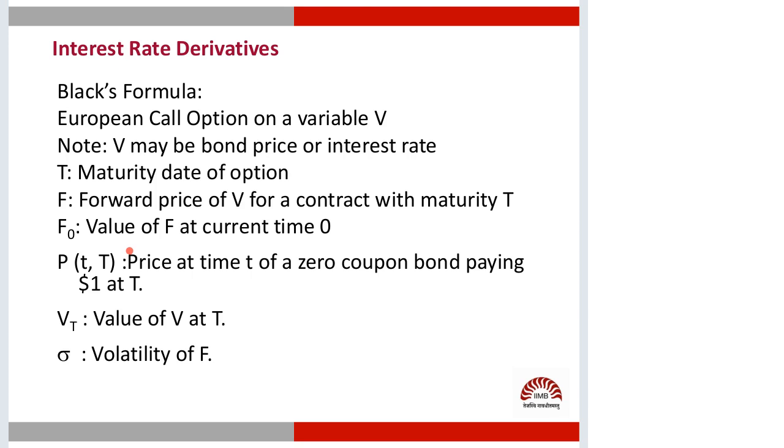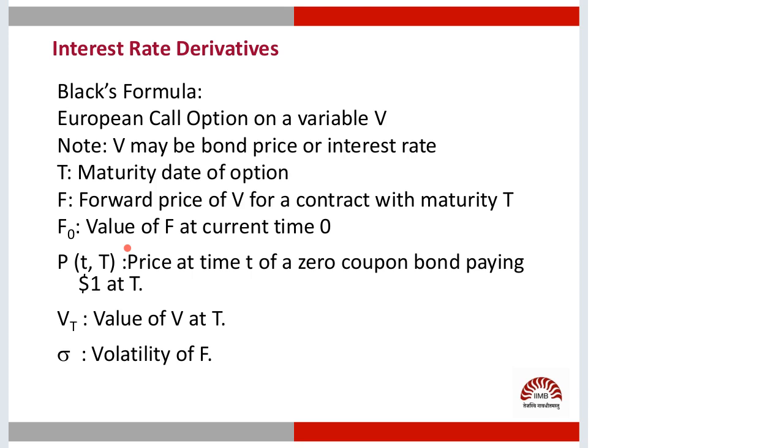Because the discount rate can move randomly, the value of the bond can also move randomly. So the random movement of the bond price is directly linked, in perfect synchronization, with the random movement in the underlying interest rate.